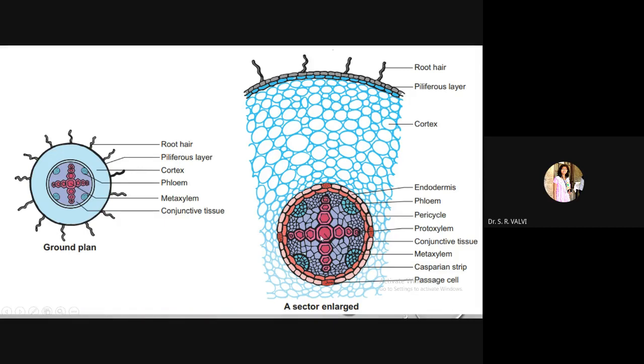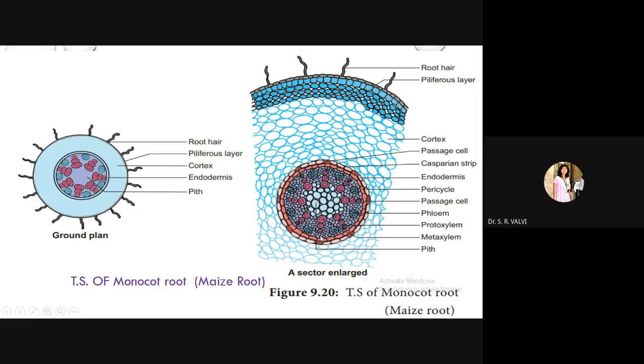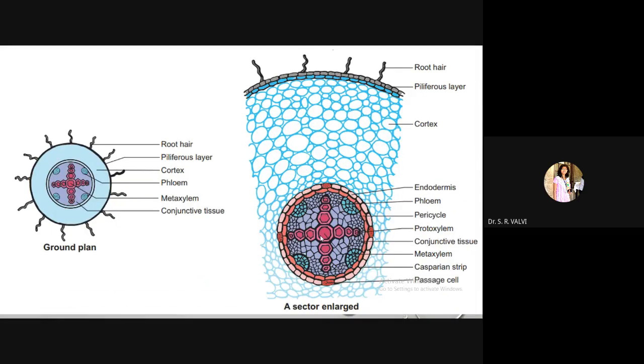In the previous monocot, what we have seen is octarch condition, many patches or arcs of xylem and phloem. But here in the dicot you are going to observe only 4 patches, that is tetrarch condition. Here you can see a plus sign in the center, which is nothing but xylem tissue.